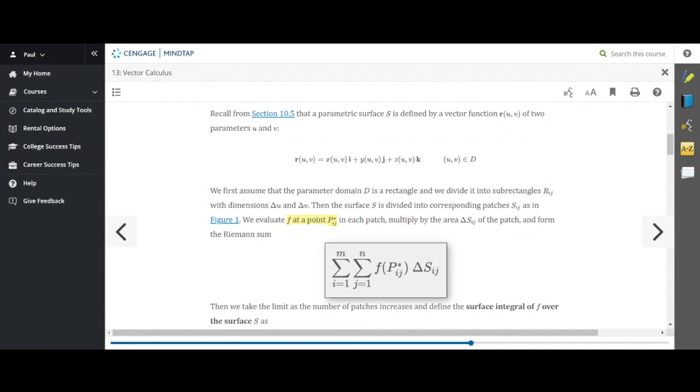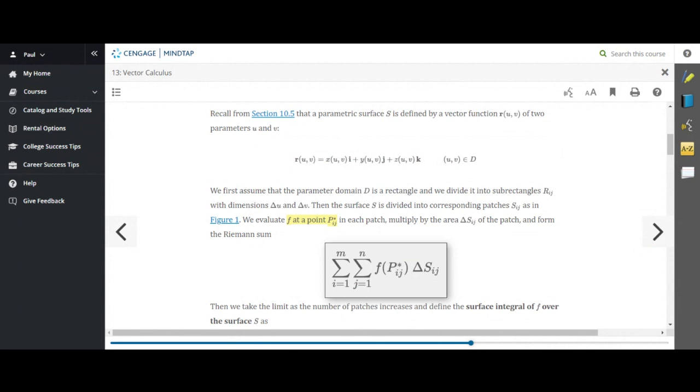For every point on the surface, we're going to evaluate the function and multiply it by the area of the ijth patch at that point. So every point on the surface has a patch that it includes, and we're going to multiply the area of that patch times the value of the function at the point at that patch.